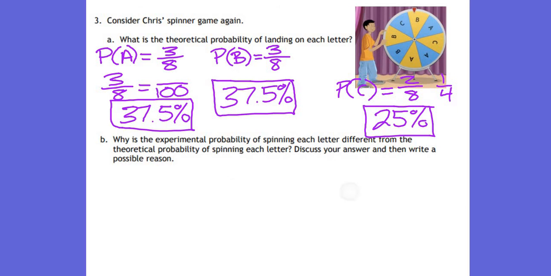Okay, and lastly, this sums up everything I've been talking about today. So, experimental. Where do I get the information from for experimental probability?